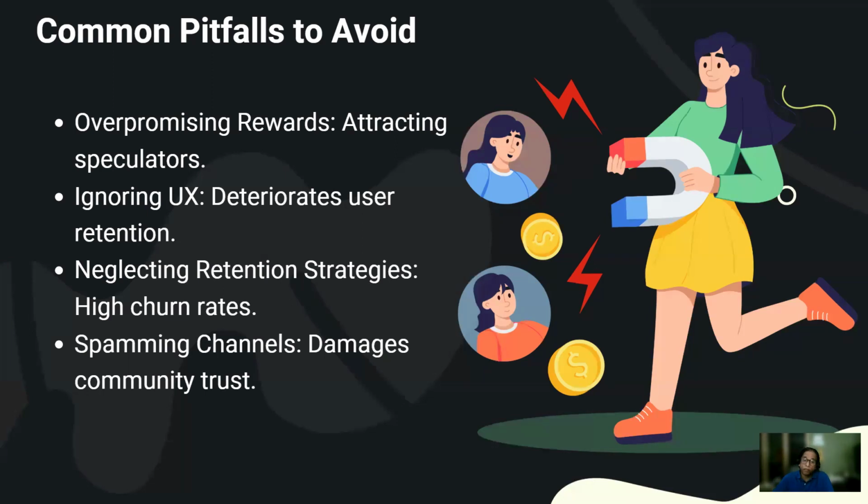And then make sure that you retain your customers. First thing is to start a community, engage them, and make sure that they are coming back again and again. Whatever strategy you use, make sure that you retain your customers and build a community.